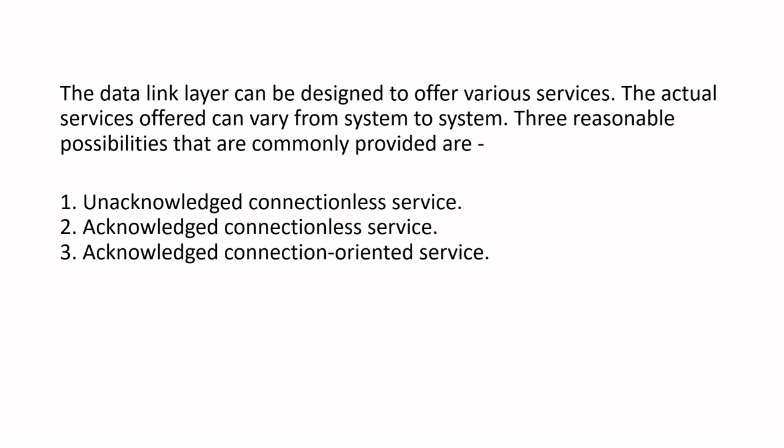A logical connection is set up between the two machines, that is the sender and receiver machines, and the data is transmitted along this logical path. Means a logical path is set up, and after that data is transmitted along this logical path.